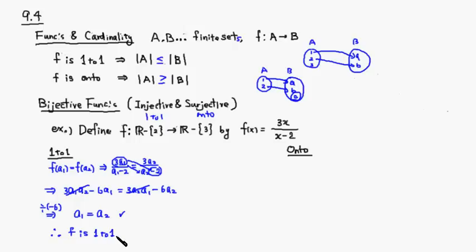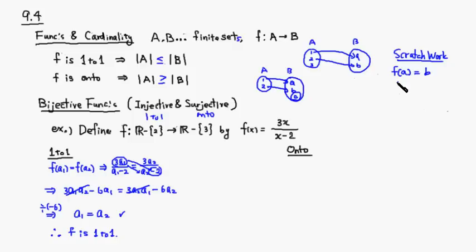Let's show that f is also onto. To show this, I'm doing a little bit of scratch work. We want to find some a such that f of a is equal to b.